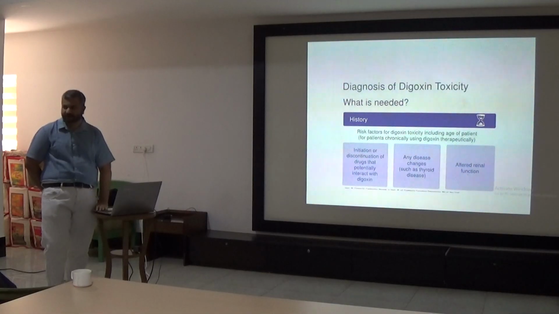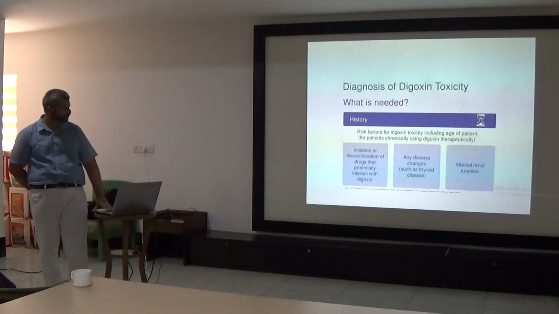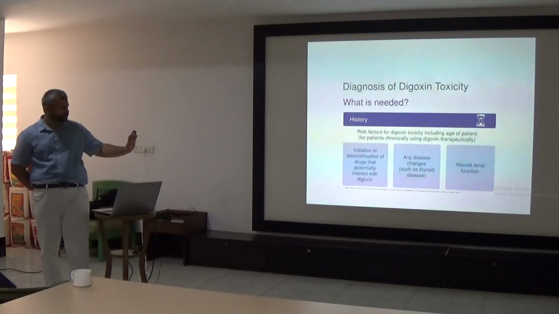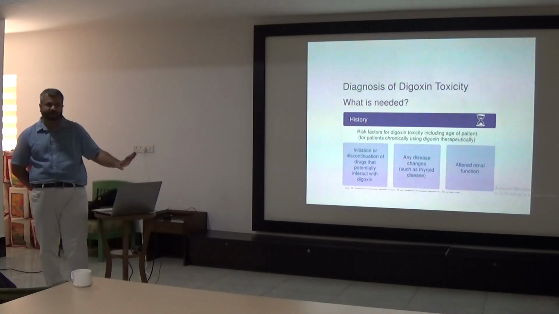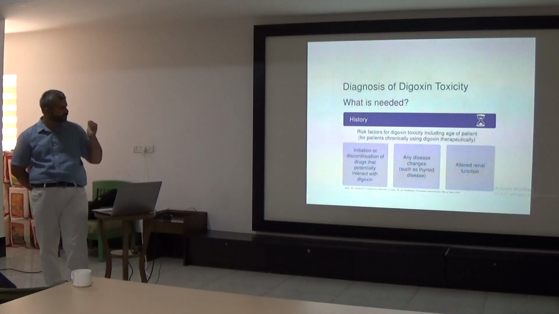My point is, how do I decide whether this patient has acute digoxin toxicity or chronic? As far as my presentation is concerned, we are only defining this toxicity based on the therapeutic aspects. As per the therapeutic aspect, where I am talking about the acute thing, it is most likely at least 24-48 hours.